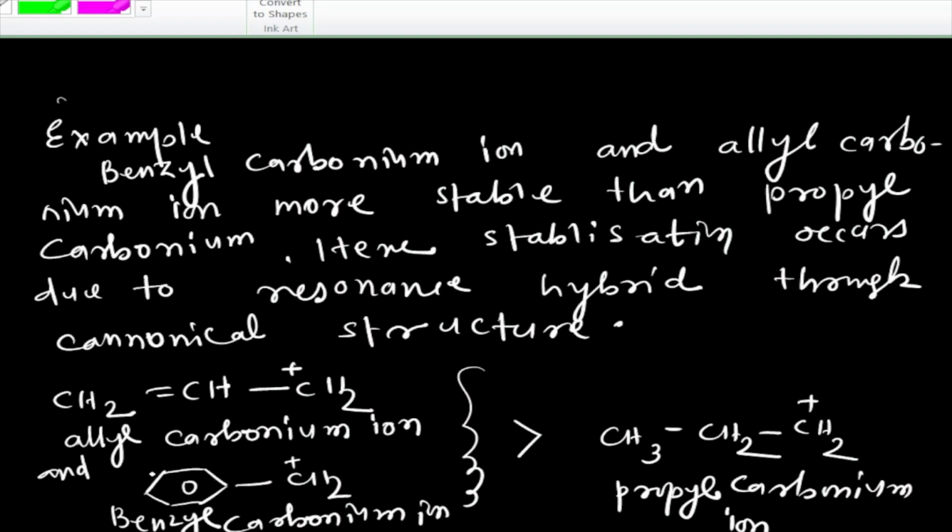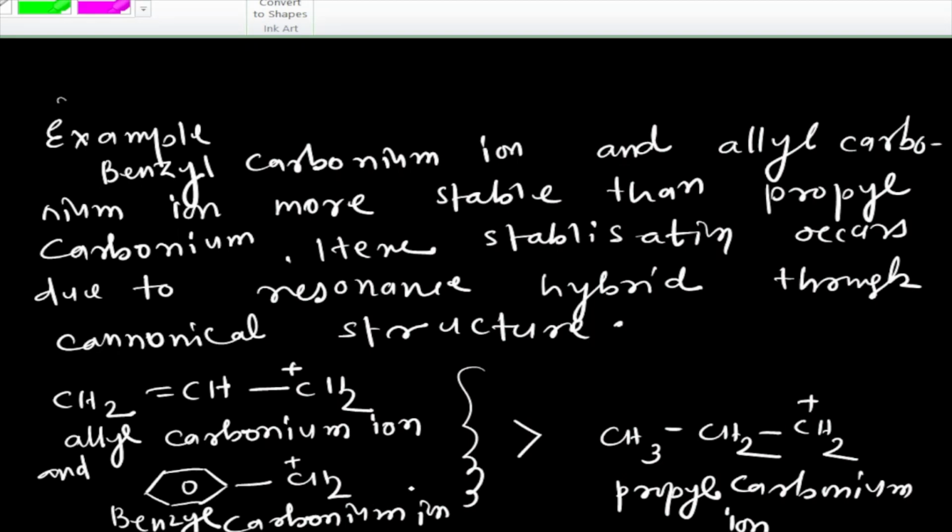And here it is allyl carbonium ion. See CH2=CH and here CH2 with a positive charge. There are 6 electrons, a sextet of electrons. This is called allyl carbonium ion, and that can also exist as a resonance structure. Similarly, benzyl carbonium ion, where this side carbon has a positive charge, and both have resonance structures.